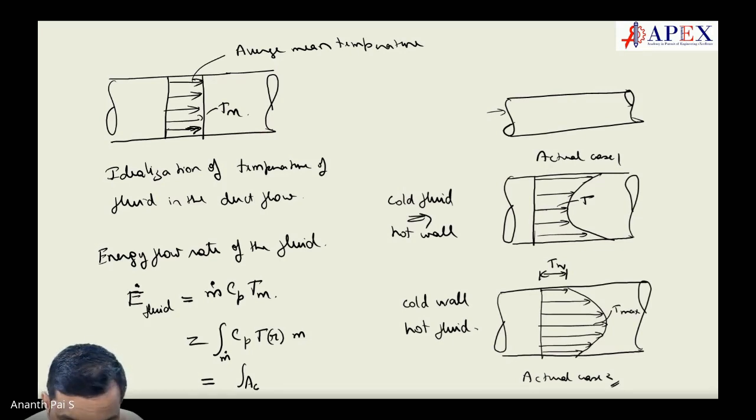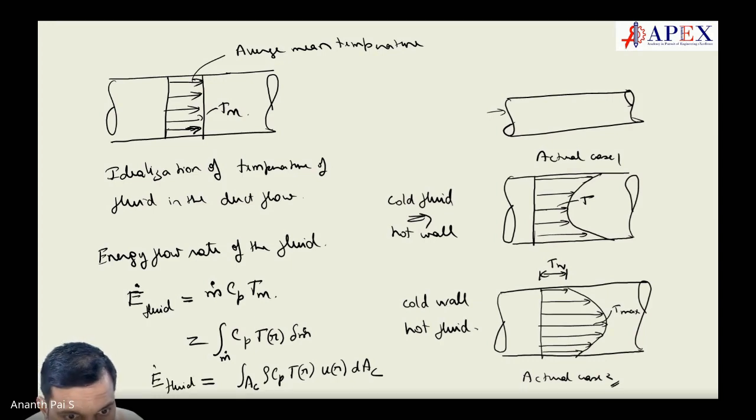This is delta m dot. Each mass flow rate delta m dot is given as rho, I can write T, u of r into dA c. Very important, students. This is the energy flow rate.